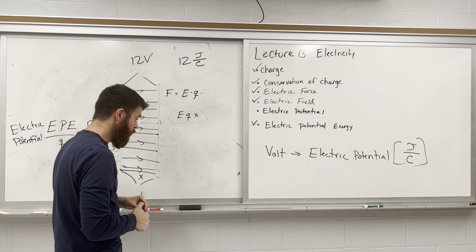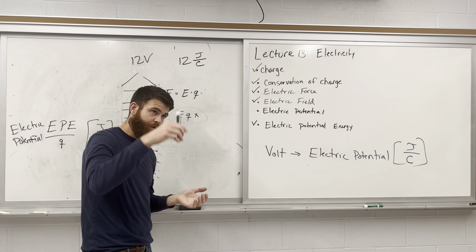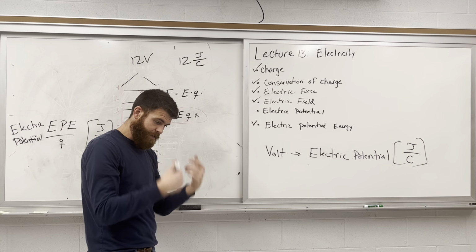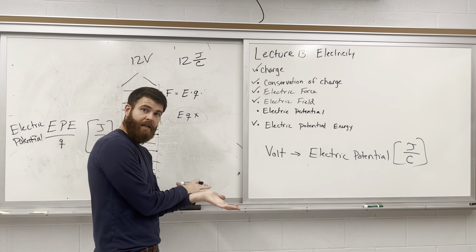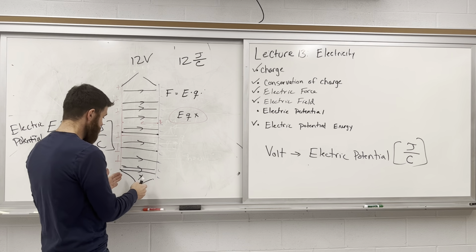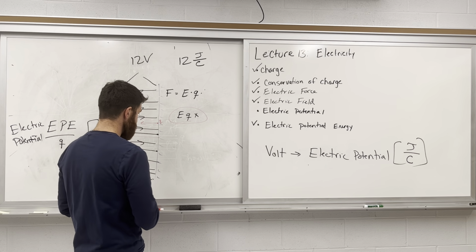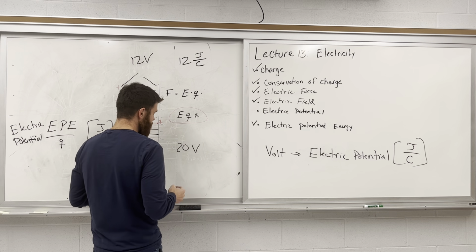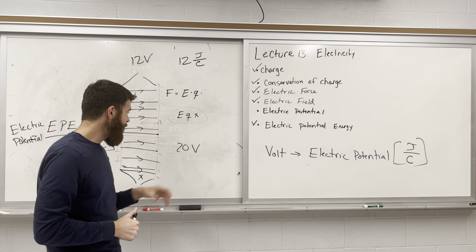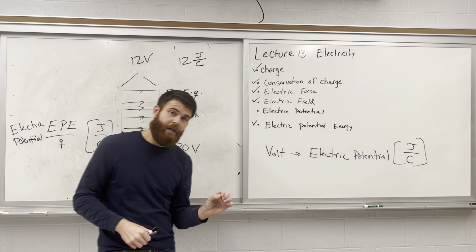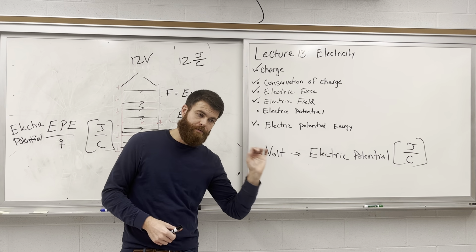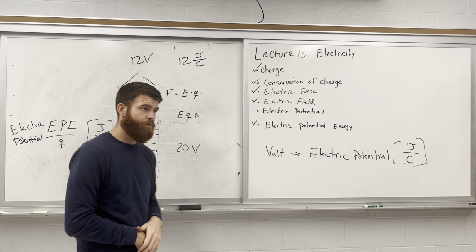Just like the larger the potential is, the more kinetic energy an object will have once that potential is converted to kinetic, the same thing is here. So if you have, say, a 20 volt battery, then that battery can give 20 joules of energy per coulomb charge, to 1 coulomb charge.